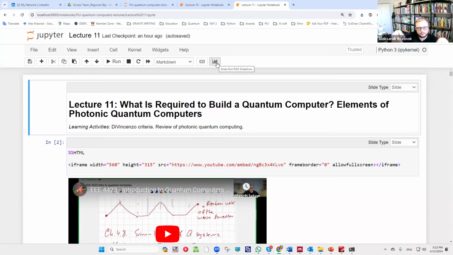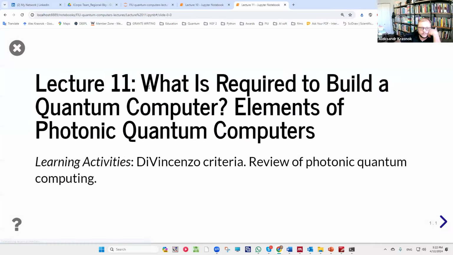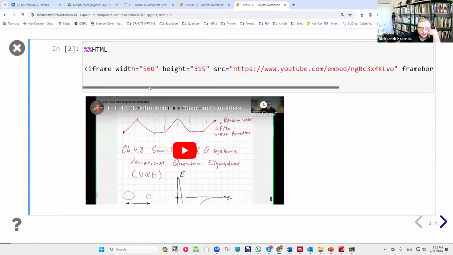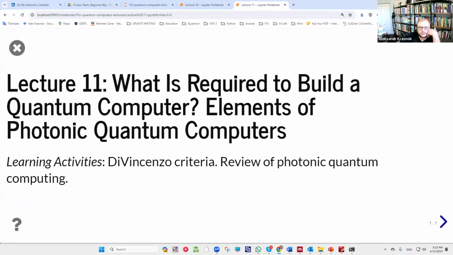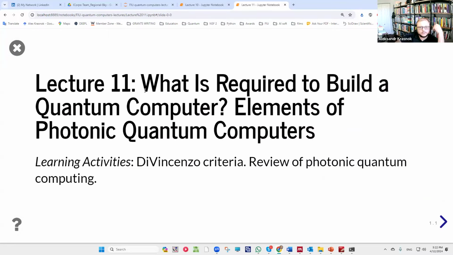So you just pip install RISE, and then when you reload this page, you will get this button here that can turn your Jupyter Notebook file into the presentation mode. That's very useful, right?